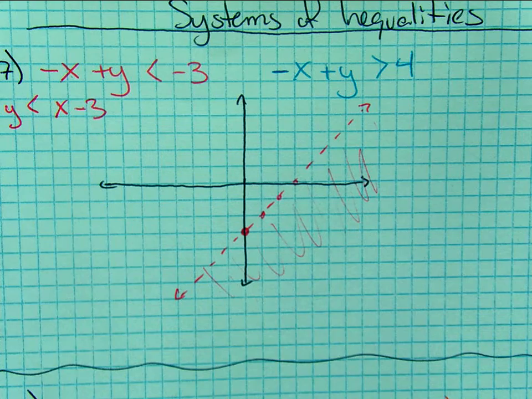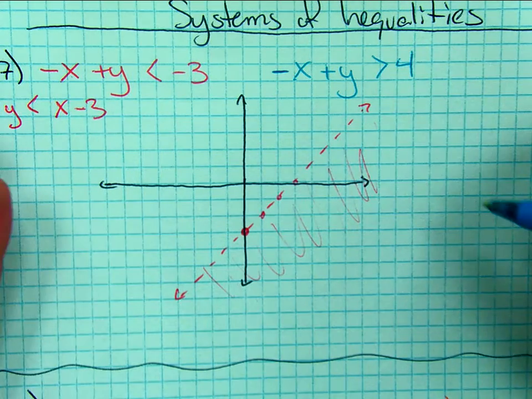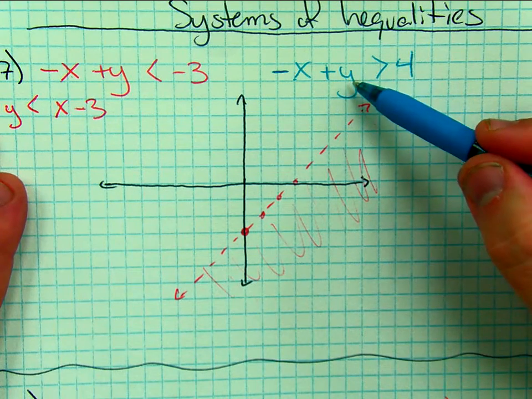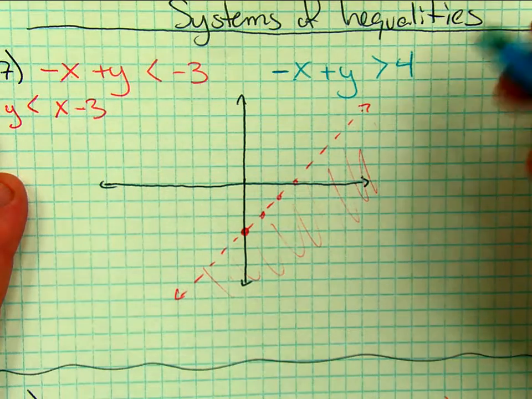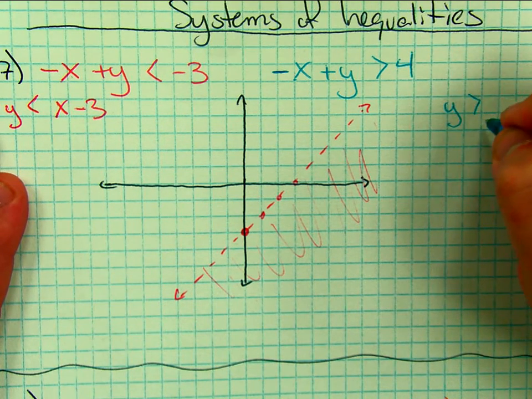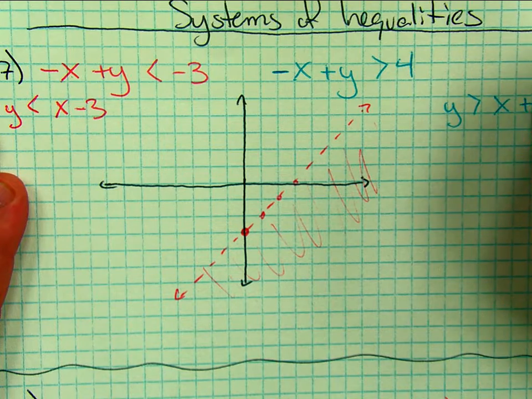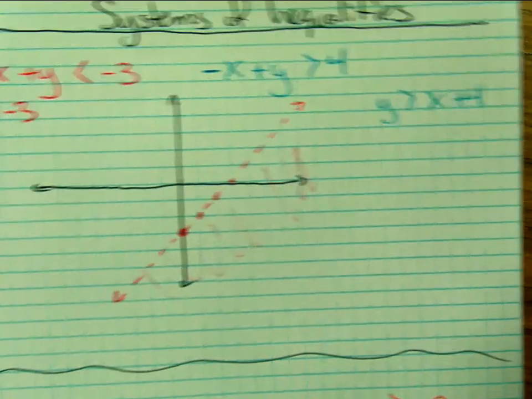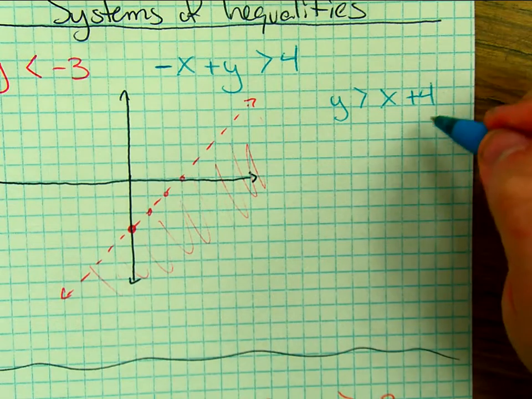So we also have to graph the blue one. Again, I'm going to put it into slope-intercept form by adding x to both sides. That would give me y is greater than x plus 4.